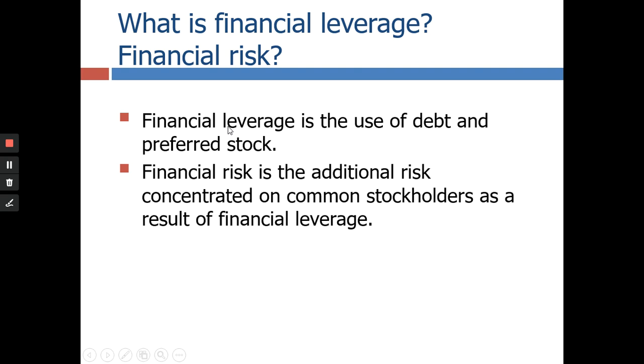So financial leverage will give financial risk, which, as I mentioned earlier, is the disadvantage of debt. If the company takes more and more financial leverage, it will end up having higher fixed commitments. When I have higher fixed commitments, the chances of the company going bankrupt are higher, all right?